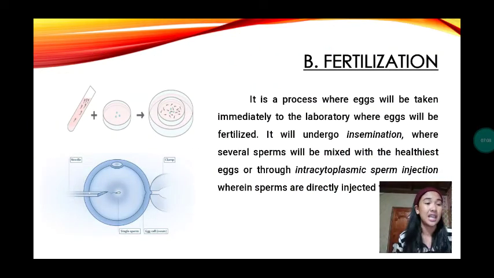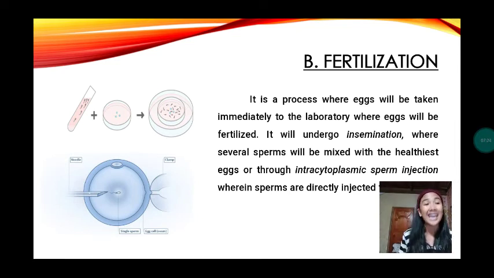So, after the follicle aspiration, let's proceed to the second procedure, which is fertilization. It is a process where eggs are taken immediately to the laboratory where they will be fertilized.